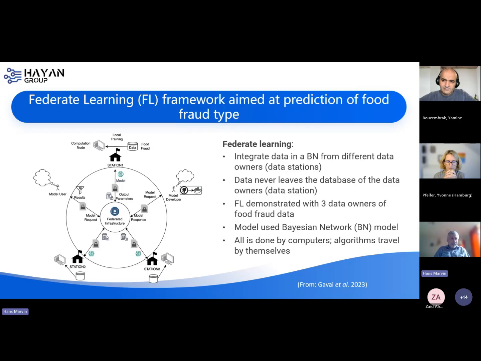So the data never leaves the data station or the data source of the data owner. In that way, the model develops itself and becomes smarter. This demonstration, published by Gavai et al. in 2023, was done for 3 data stations, but you can do hundreds at the same time if you want.